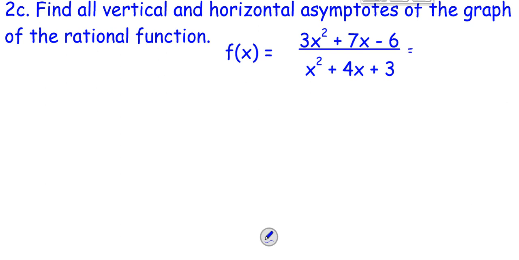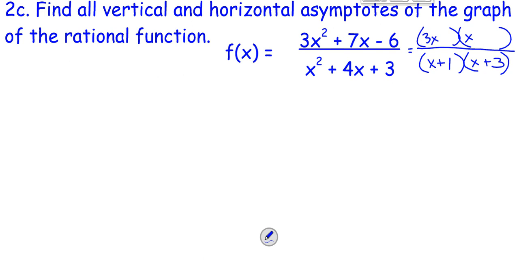The first thing I'll do is factor that denominator, and you notice from that last one, factoring that numerator can be a good idea as well. So this denominator will be x plus 1 and x plus 3. In the numerator, I maybe have to have 3x and x, and I need to get a 6 and a 7.